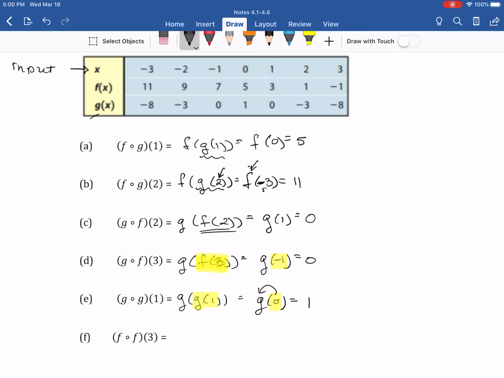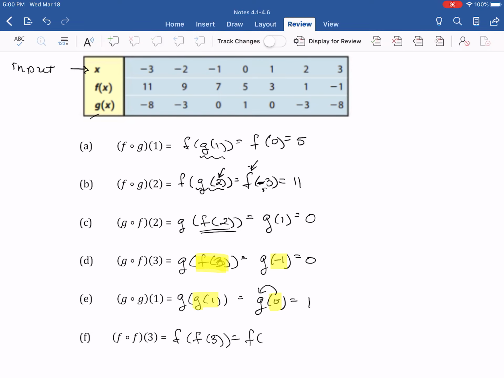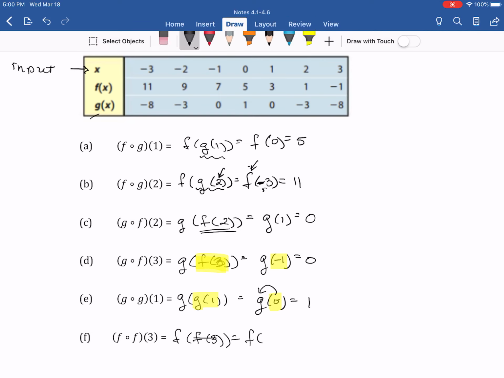Finally, we have f of f of 3. Okay, so this inside function, f of 3, is equivalent to putting 3 into function f.